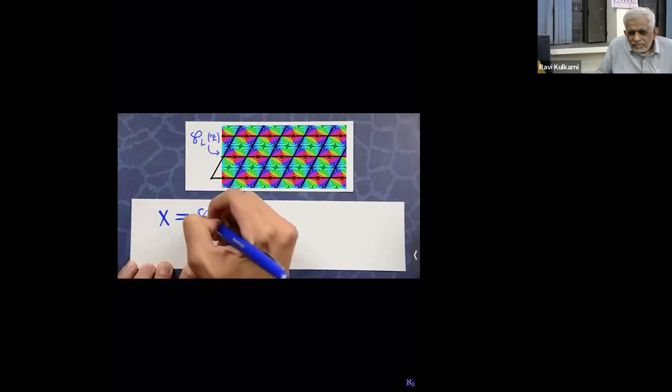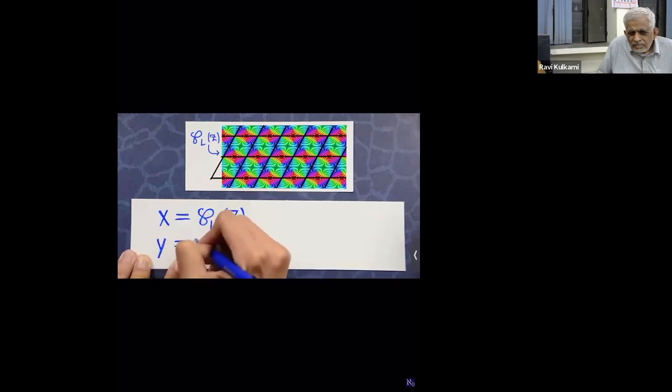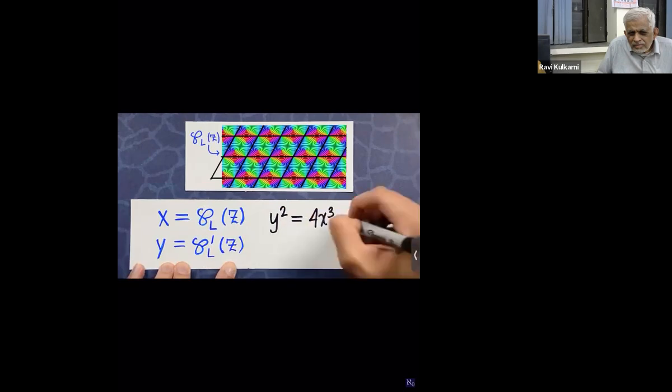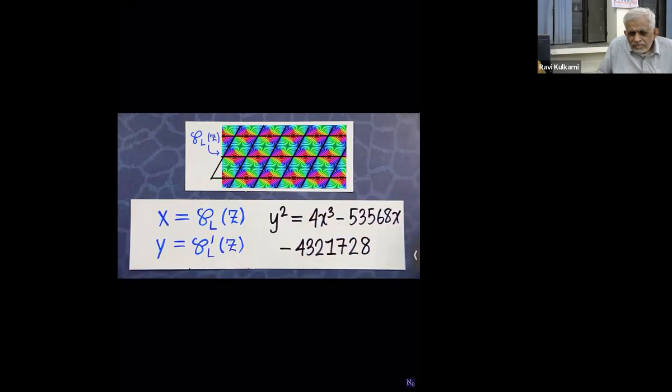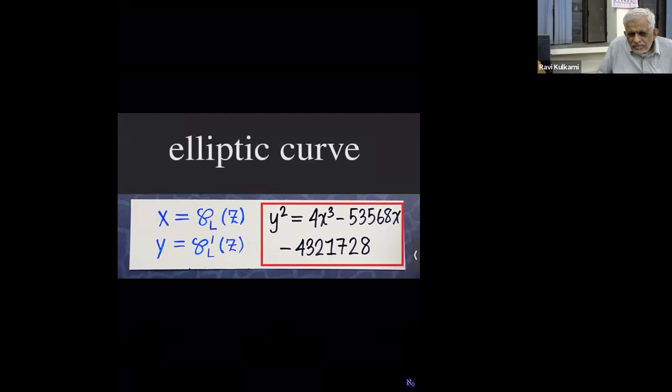Set x equal to p of z, and y equal to p prime of z. Then x and y satisfy this rather complicated looking equation. So just like before, we started off with a lattice, and we cooked up something which lives in the world of number theory, an algebraic equation. Now this equation over here is given a fancy name. It's called an elliptic curve.